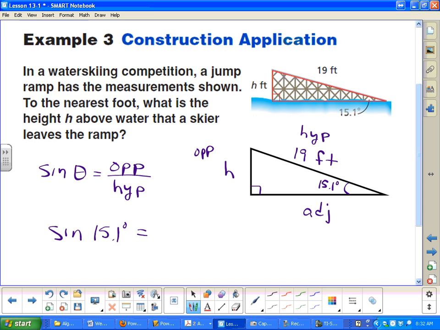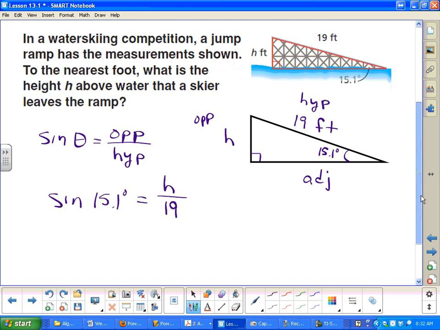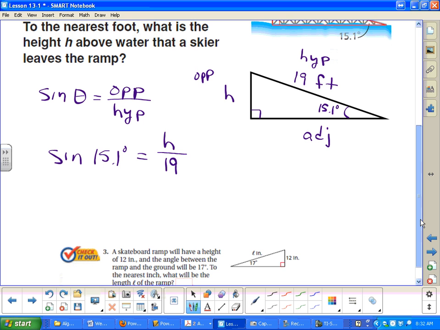The opposite side in this case is h, and hypotenuse is 19. So now what I'll do then is, 15.1 degrees is not an angle that we know the sine of. So we'll go ahead and multiply both sides by 19 because we need to get that 19 out of there.